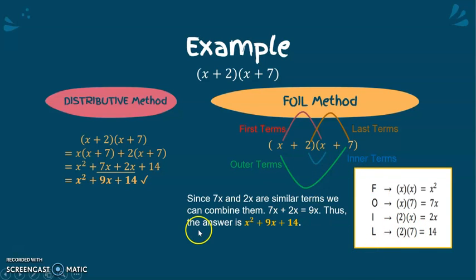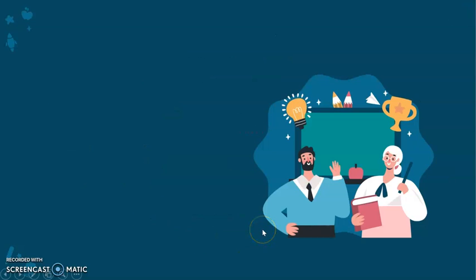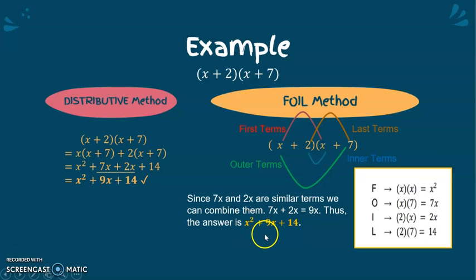Since 7x and 2x are similar terms, because they have the same literal coefficient, we have to combine them. So, 7x plus 2x is 9x. Thus, the answer is x squared plus 9x plus 14, which is the same as our answer in the distributive method.